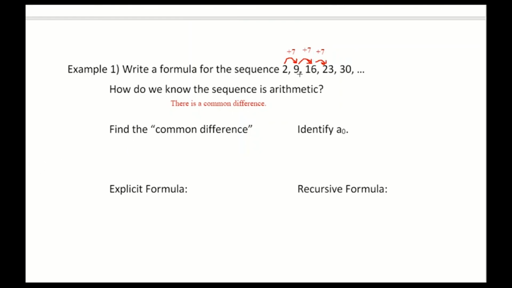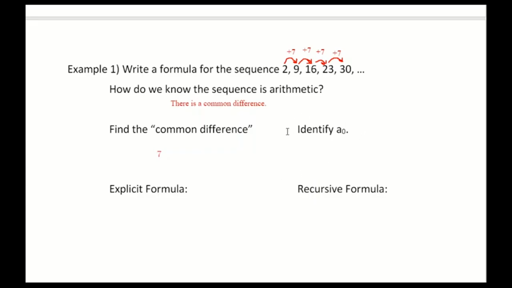And then finally, to get from 23 to 30, if I add 7 again, then I know I've got a common difference. So that amount that you're adding or subtracting has to be the same for every successive term. And if it is, that is your common difference. So the common difference here is 7.